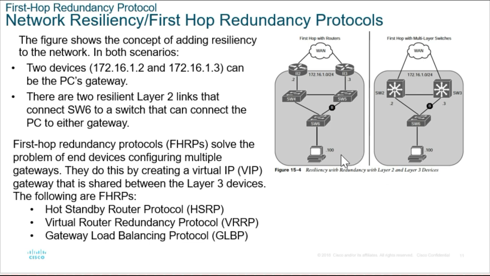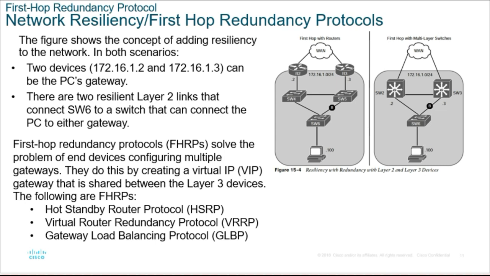Without any first hop redundancy protocol, when this PC has two devices acting as the default gateway, it would have to keep on changing the default gateway IP address. But with the use of the FHRP, you don't need to configure multiple gateways because the FHRP allows you to automatically change between the two default gateways.